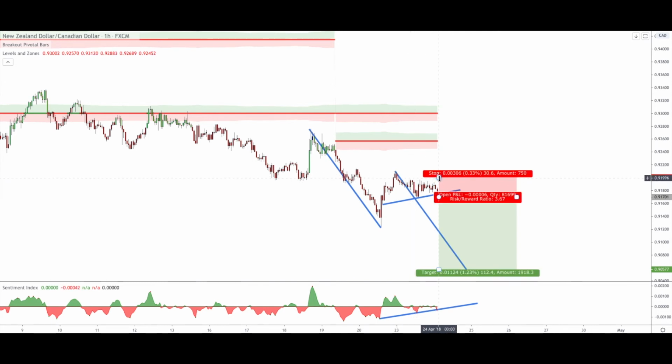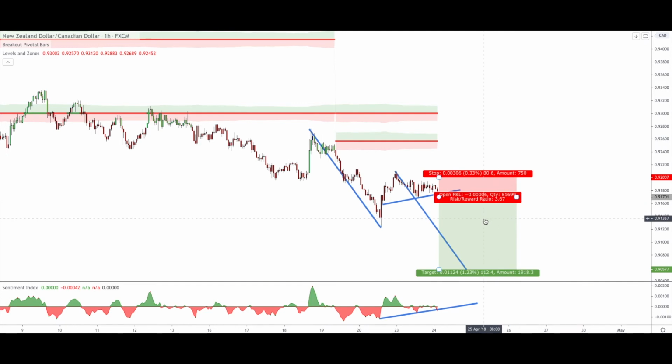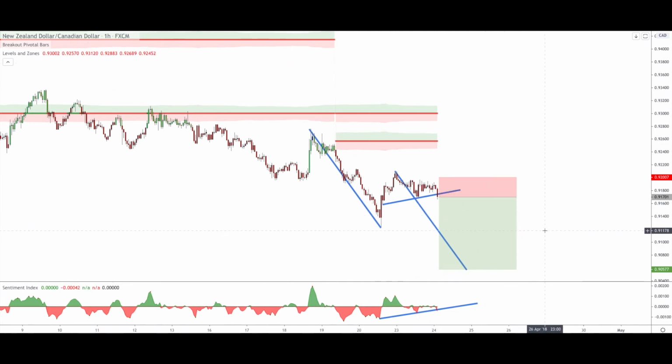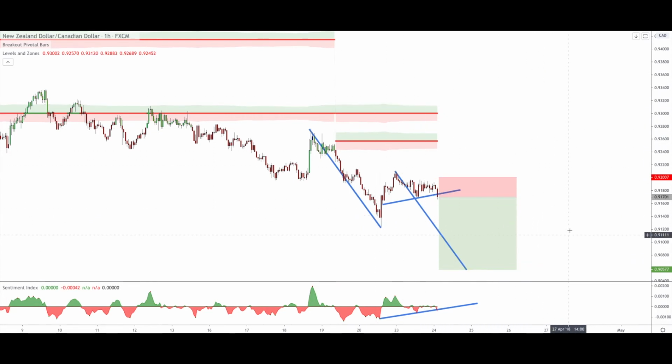So we just stay a bit higher than this and we should be safe enough for this trade, which results in a 3.67 risk-reward ratio, which is excellent, considering that we are in a major downtrend. We have all the evidence supporting our analysis, so we can just wait and see where the trade goes.